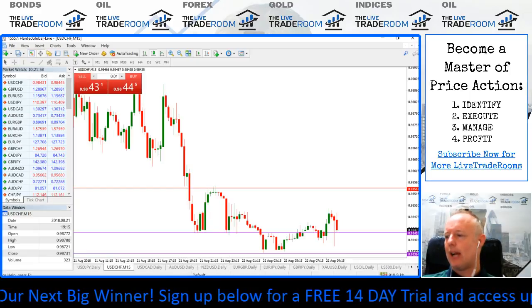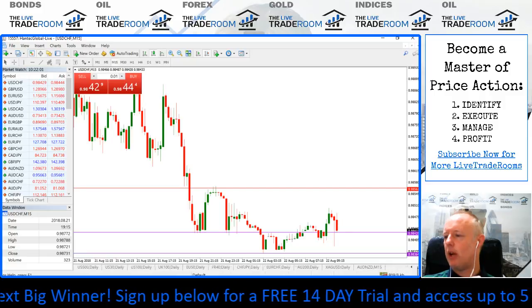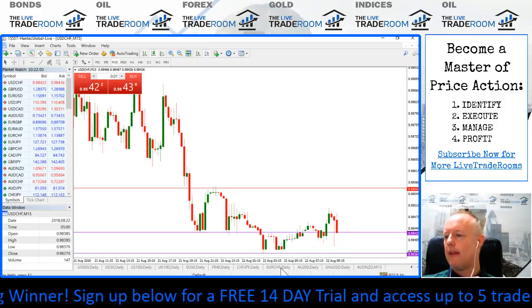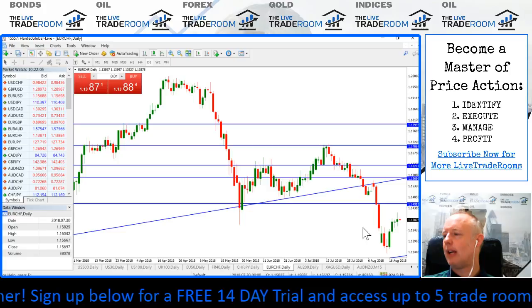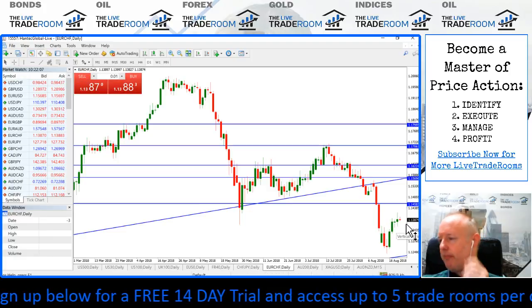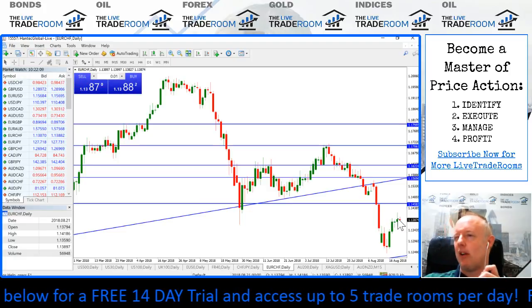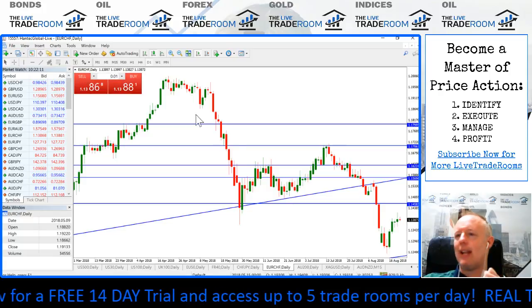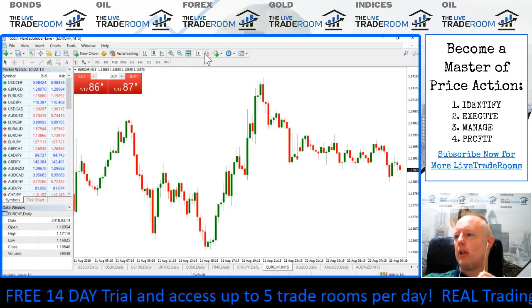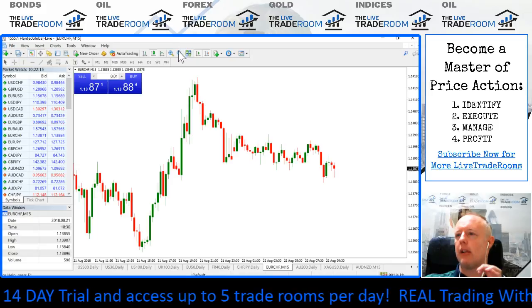A trade to look at could be the euro Swiss. Let me just have a quick look at the euro Swiss quickly, just to see where we're at with that market. Okay, just pure indecision really, just a bounce back off the lows. A sell trade in this could be interesting. Let's have a look and see what it looks like.